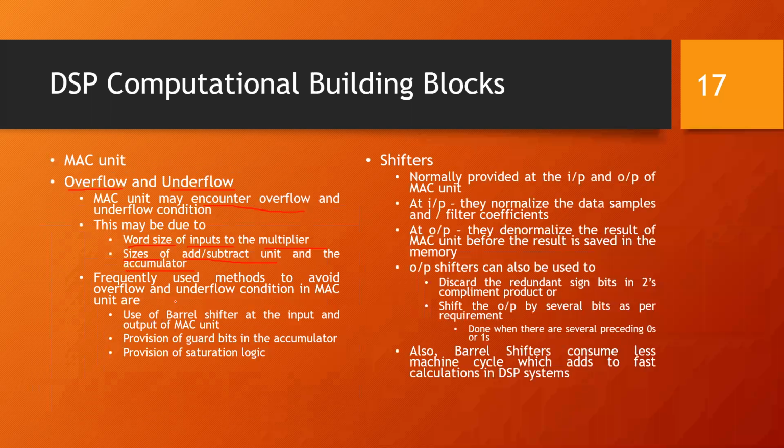In order to avoid such instances, we use different techniques to identify or avoid these overflow or underflow conditions. A frequently used method to avoid these conditions is using a barrel shifter.